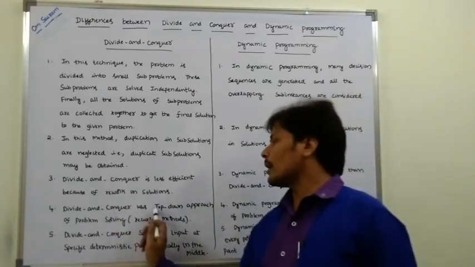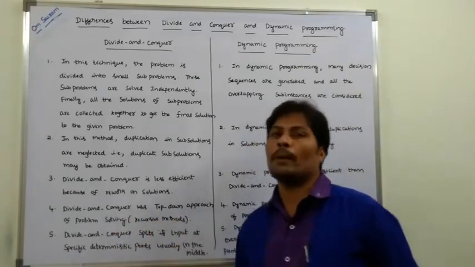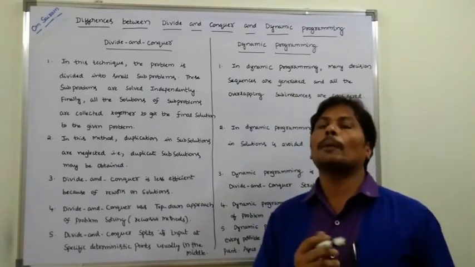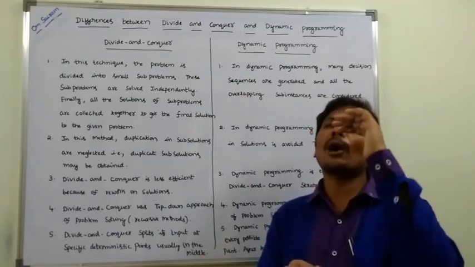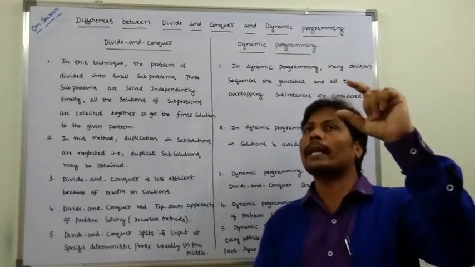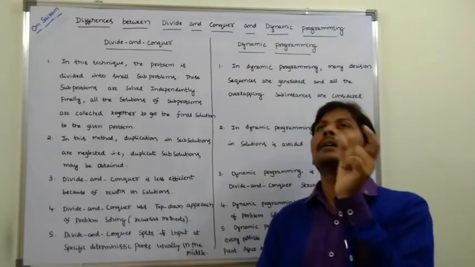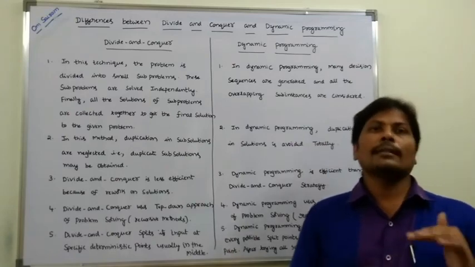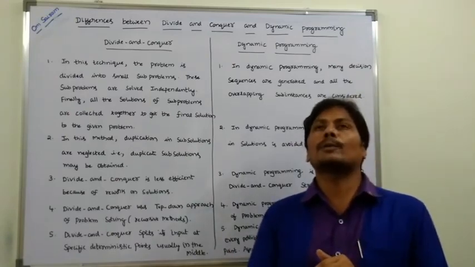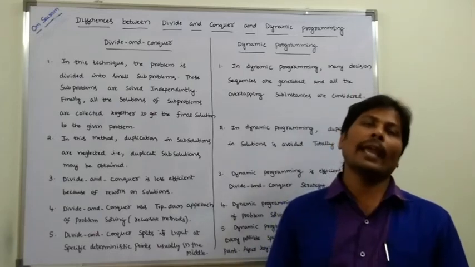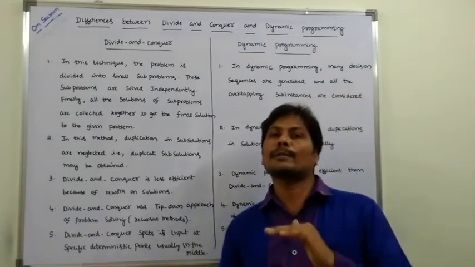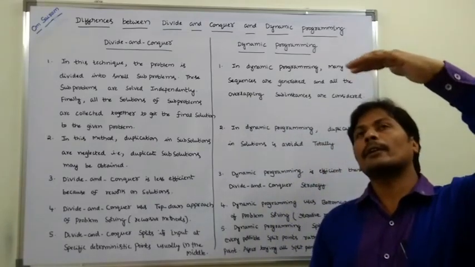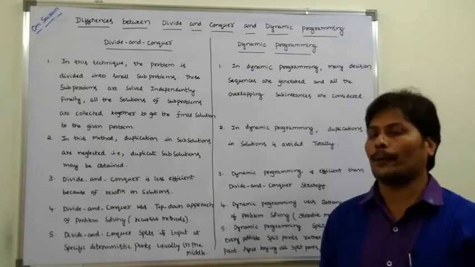Next, divide and conquer uses a top-down approach of problem solving. In the divide and conquer technique, the problem is solved from top to bottom. First, we take a list. The list is divided into two sublists by using the mid value. Again, the sublist is divided into two sublists by using the mid value, and again. So in divide and conquer, we follow the top to bottom approach.